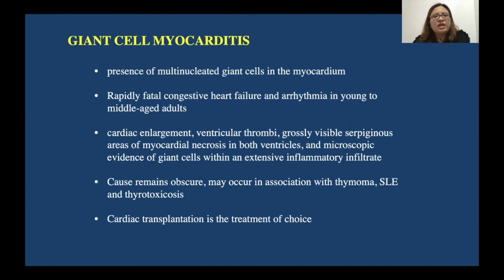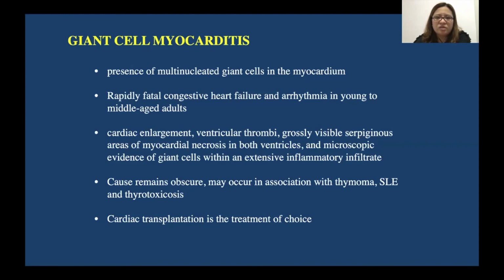Moving on to giant cell myocarditis. This is diagnosed with the presence of multinucleated giant cells in the myocardium. It is a rapidly fatal congestive heart failure and arrhythmia in young to middle-aged adults. There is cardiac enlargement, ventricular thrombus, and grossly visible serpiginous areas of myocardial necrosis in both ventricles.